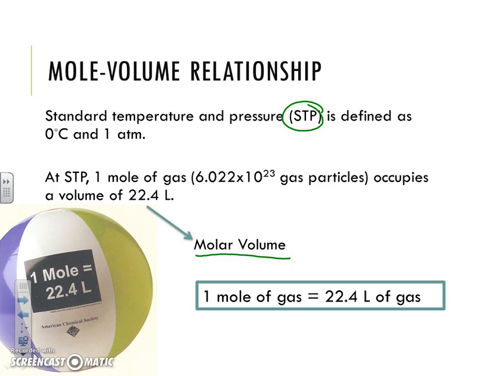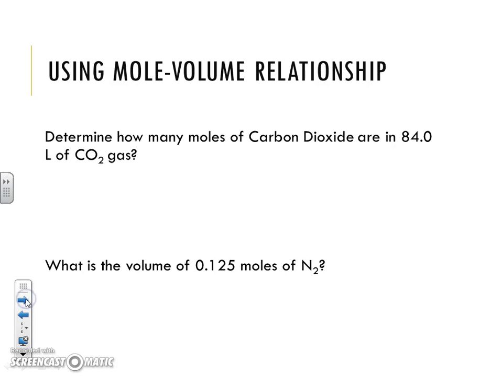So this is a conversion factor that we can use. We know that 1 mole of gas is 22.4 liters of gas. This is a very useful relationship that we will use often in our course. So let's go ahead and use it.